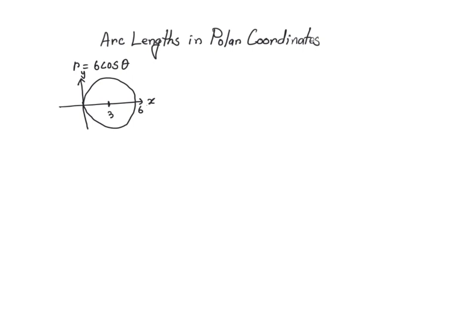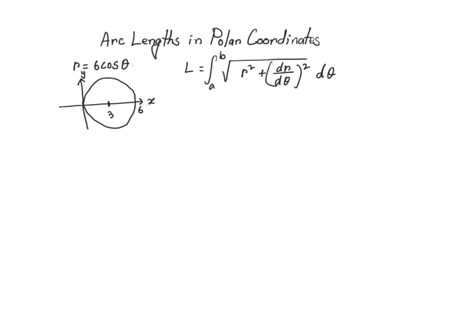And the formula for arc length here is L is equal to the integral from a to b of the square root of r squared plus (dr over d theta) whole squared, d theta.